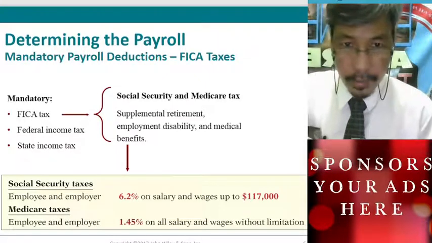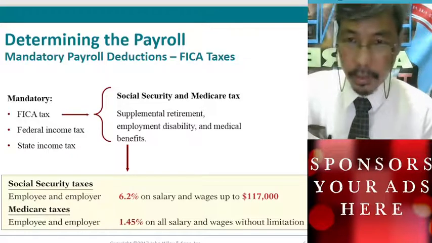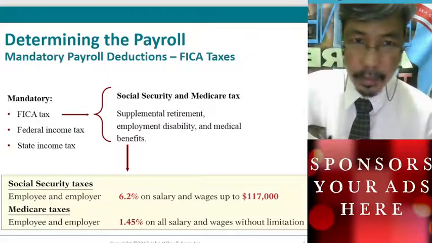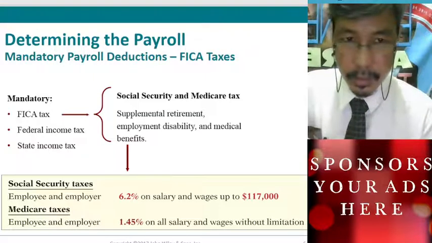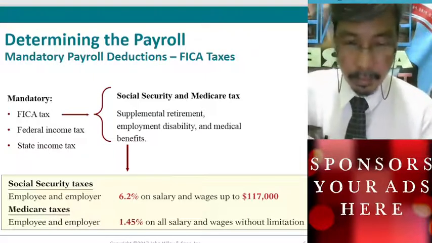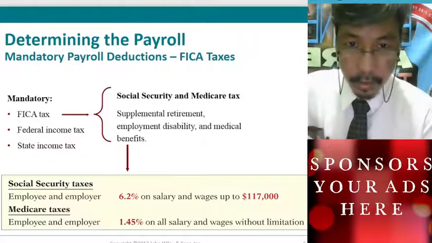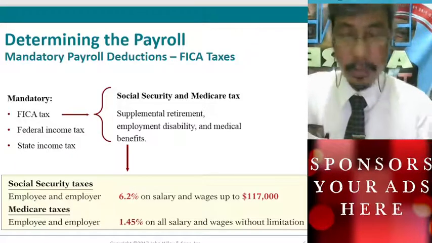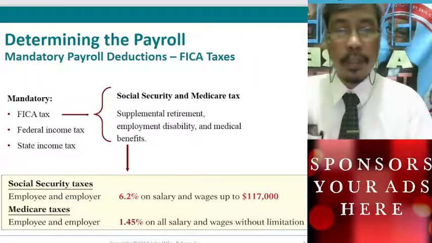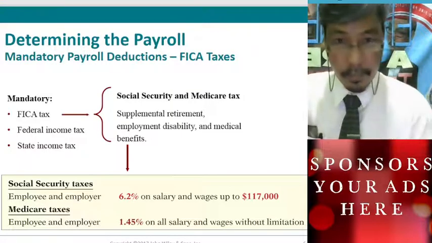So, FICA tax involves Social Security and Medicare tax: supplemental retirement, employment, disability, and medical benefits. This is in the United States. Social Security taxes, meaning employee and employer, they have to pay.